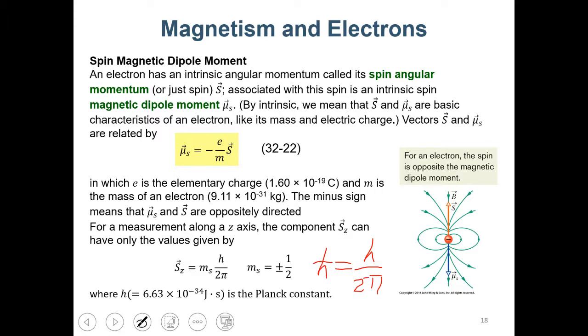It is not mentioned in these textbooks, but if you define this called the reduced Planck constant, then the Schrödinger equation will have fewer terms and look better. So in quantum mechanics, they usually use h bar rather than h, to make the equation better looking.